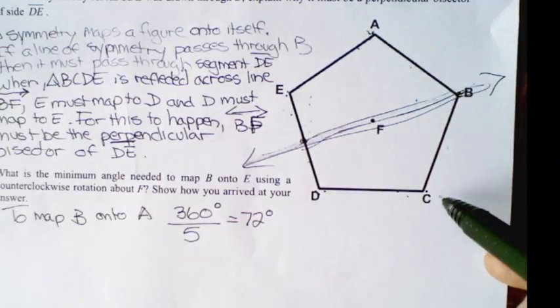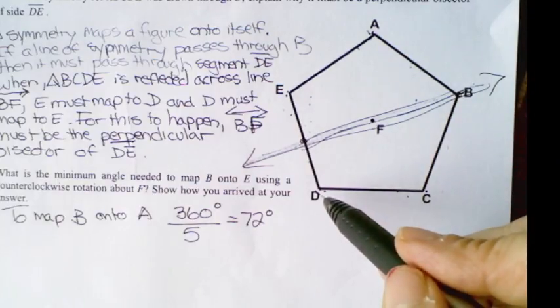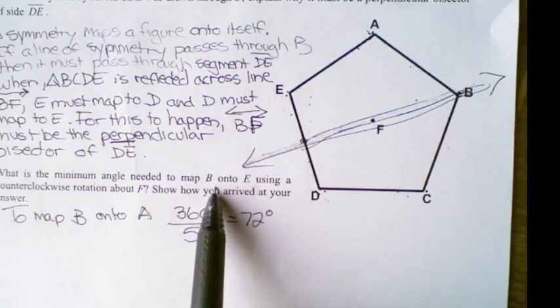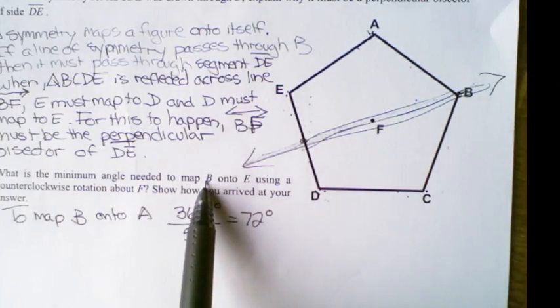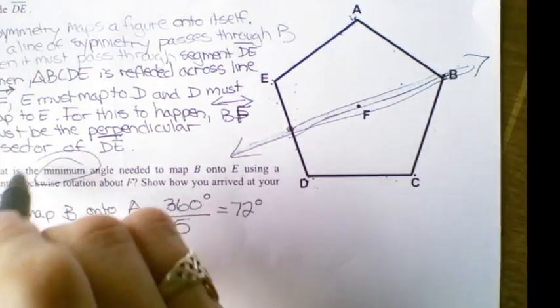If I want to bring A full round to D, that's 3 turns to the right clockwise. So that would be 3 times 72. So the question says, how many degrees do you have to turn to get B over to E? And it says minimum.